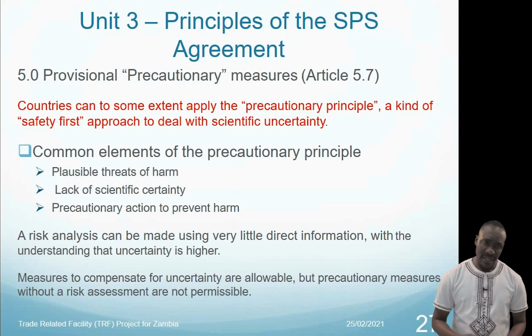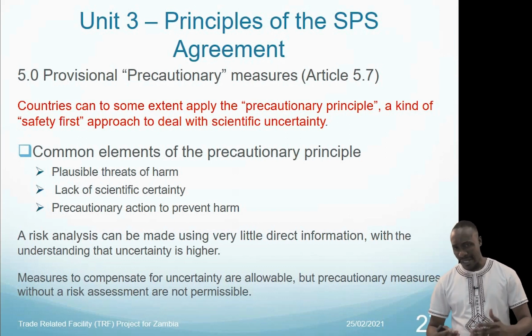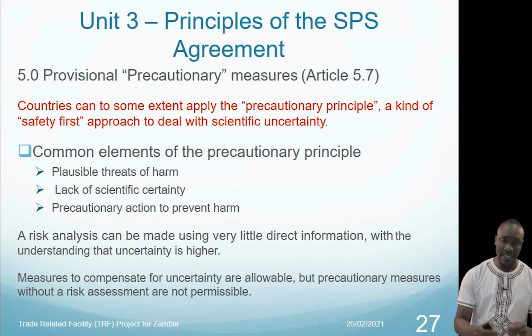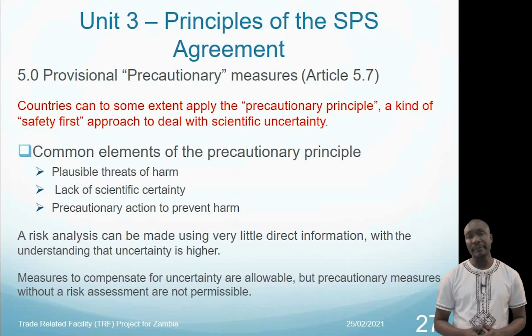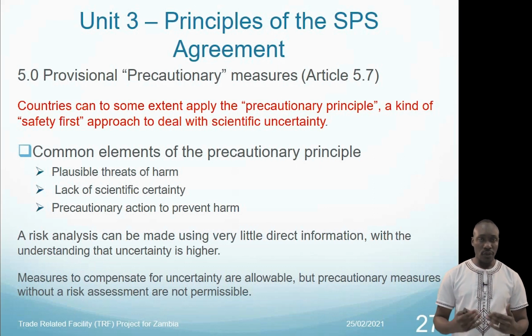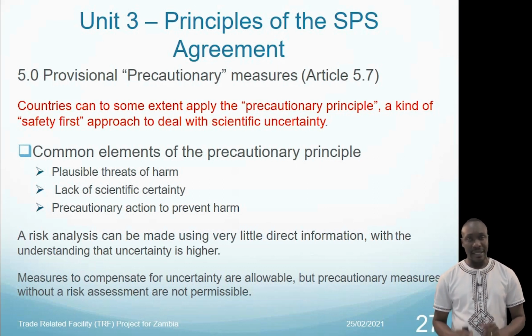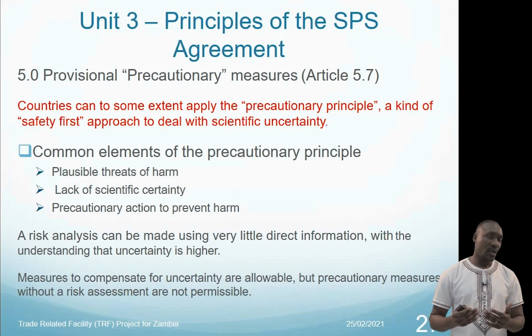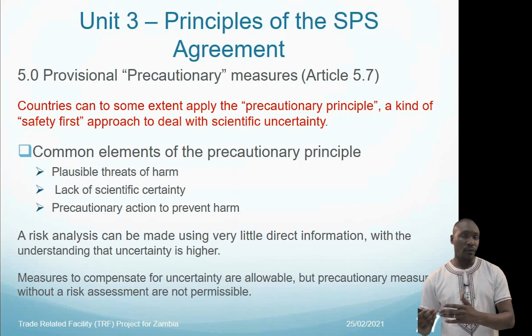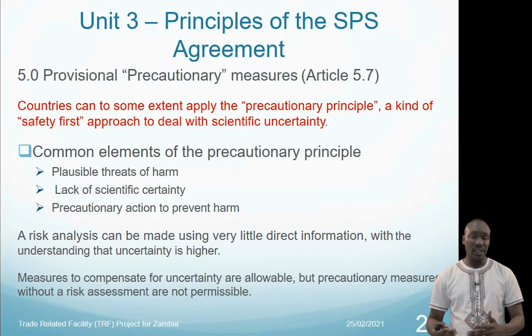Okay, that there is a possibility or plausible threats of harm. Yes, we know this can actually harm. It is known as a known fact. It can harm. The lack of scientific certainty: we should be able to, in our assessment, agree that the uncertainty around this discussion with regards to the risk of being harmed is still huge.